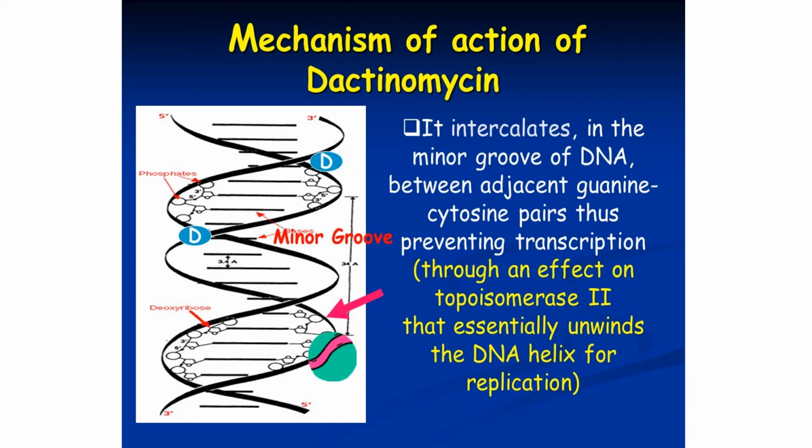It intercalates in the minor groove of the DNA between adjacent guanine and cytosine pairs, and thus prevents transcription. When it binds itself between the G and C, further transcription is stopped. How it is being stopped will be discussed in later slides.